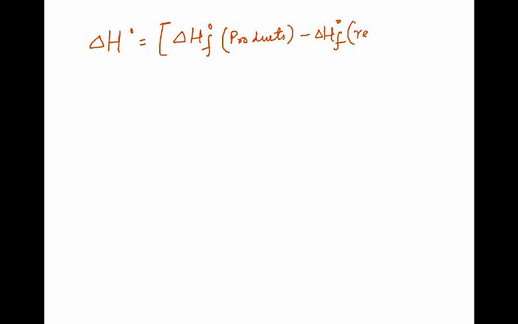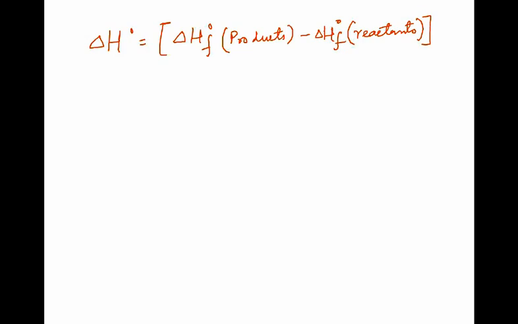Now to calculate the delta H for the reaction, we all know that delta H for the reaction is equal to delta H of products, the heat of formation of products, minus the heat of formation, or delta HF, for the reactants. Now what is the difference?